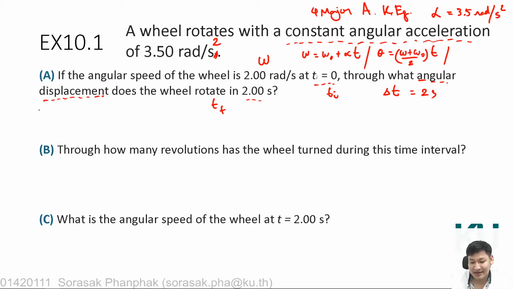Rather than using s equal to v0 t plus 1 over 2 a t squared, you can use theta, which is the angular displacement, equal to omega zero t, the initial omega, because it comes from v0 t, plus 1 over 2 alpha t squared. Now you can determine the displacement. This is the angular displacement.